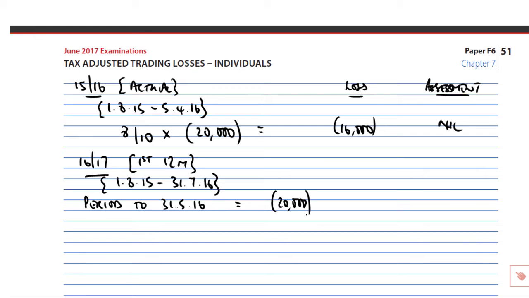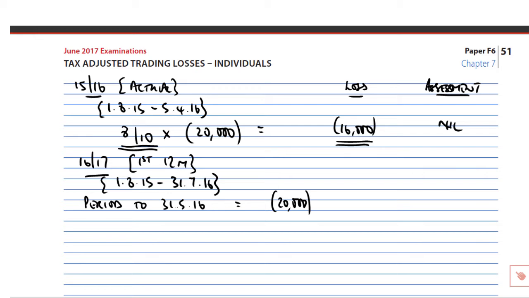Now, do you think we will be allowed all of that loss to be used in this tax year, given that we've already used 8 months of that loss in the earlier 15-16 tax year?